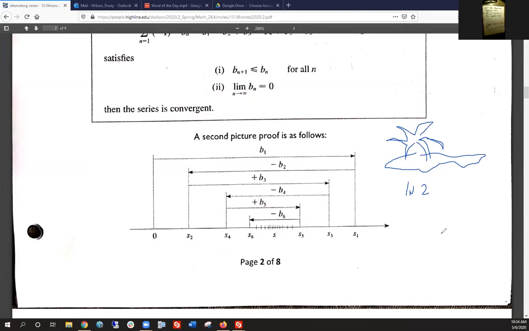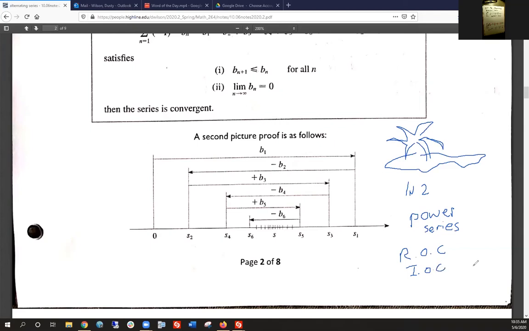And you played with alternating harmonic series when you were in Calc 3 working with power series. I'm not 100% sure how you did it, but when you work with power series, you have to find the radius of convergence and the interval of convergence. Does that ring a bell to people?